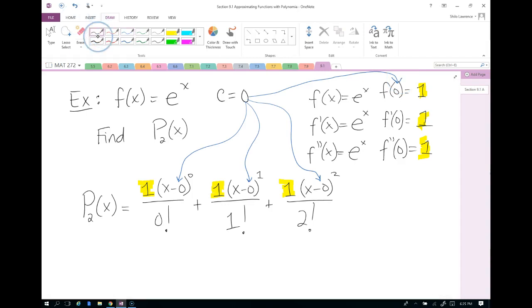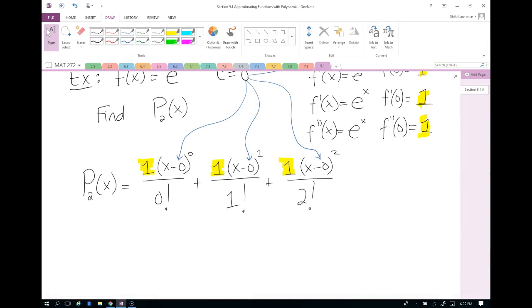But we can clean this up quite a bit because all those 0's and 1's don't really make a bit of difference. So this entire first term just simplifies down to 1. For the second term, x minus 0 is just x, and we have x to the first power. We have times 1 in front and divided by 1 in the bottom. That means it's just a plus x.